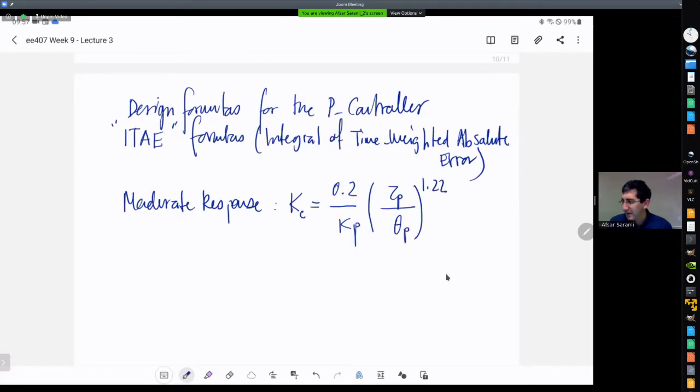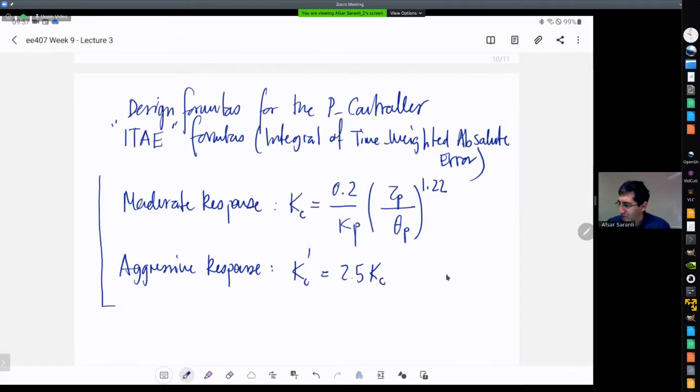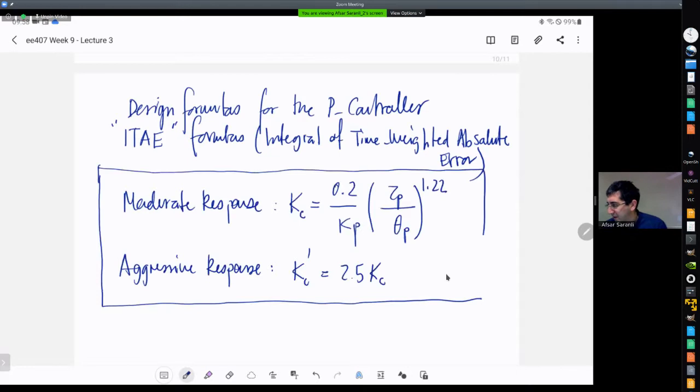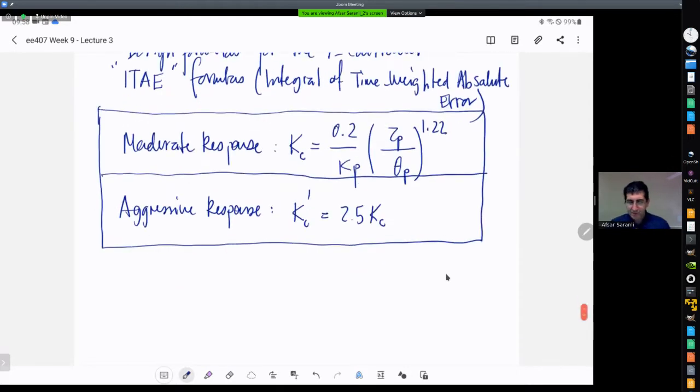Okay, and if you want a faster, more aggressive response, we have Kc prime, which is 2.5 Kc. So you basically increase the gain by 2.5 fold in order to obtain a more aggressive response. Okay, so these are your two additional design formulas for the P controller.